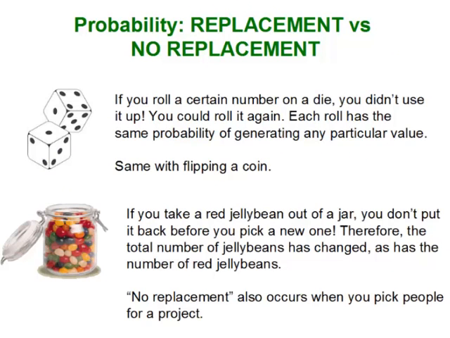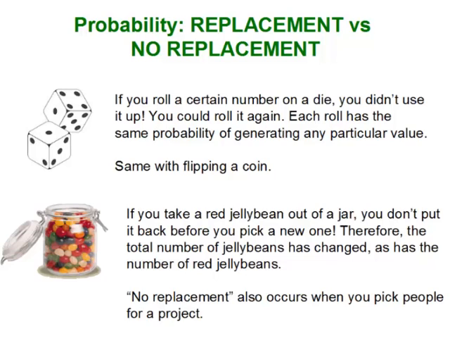Sometimes the wording of the question will specify, without replacement. But sometimes it can just be implied by the story told, as it was here, selecting one and then another. And so this is the idea also of using things up or not. If you flip a coin, you don't use it up.